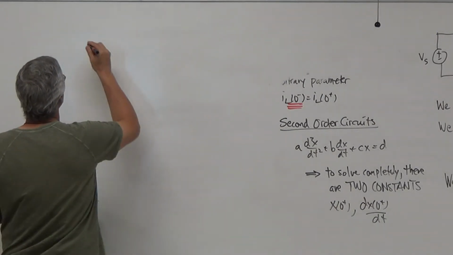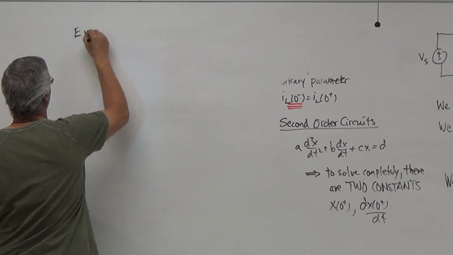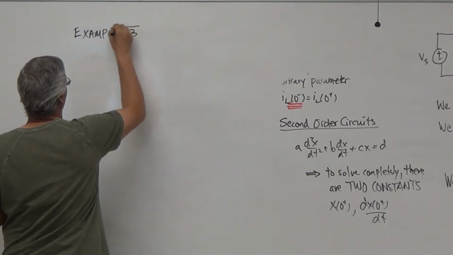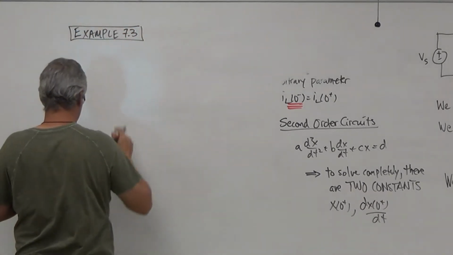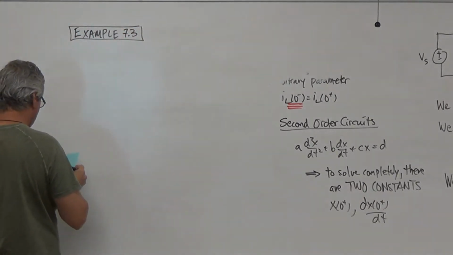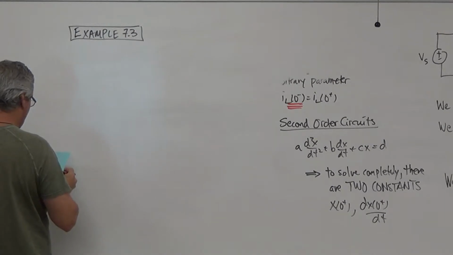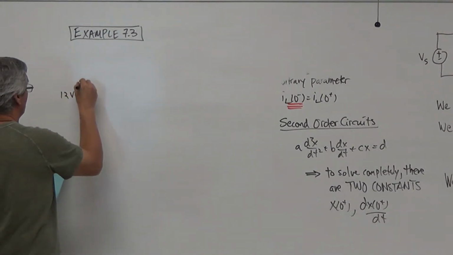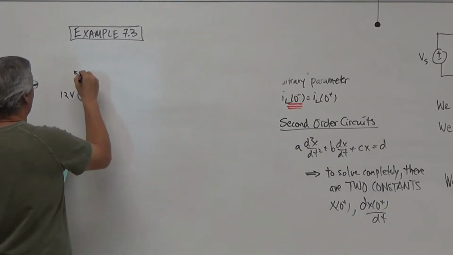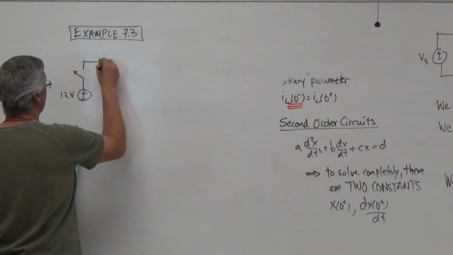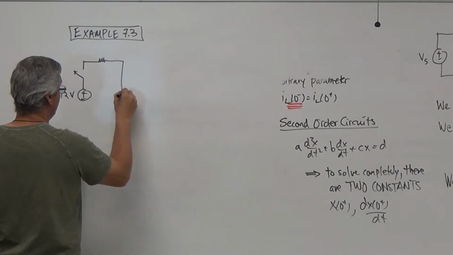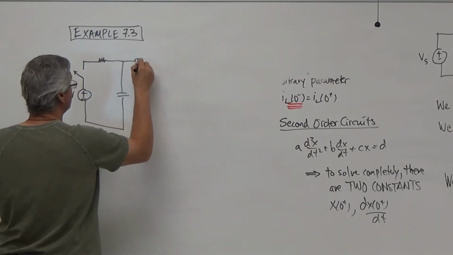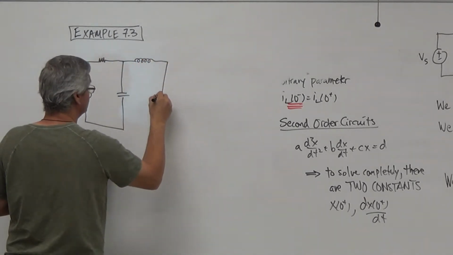So if I look at the circuit here, imagine that I have this circuit right here. I have a 12 volt source with the switch, and then I have a 3 ohm with the capacitor, and I have an inductor with the resistor in series.